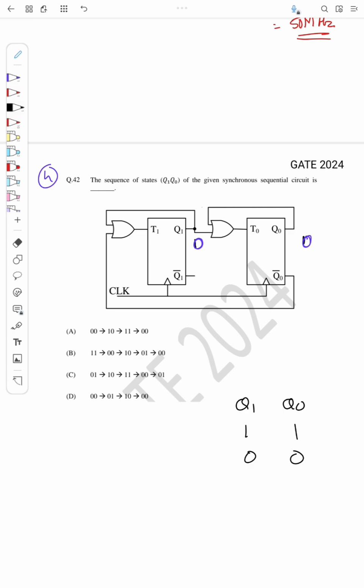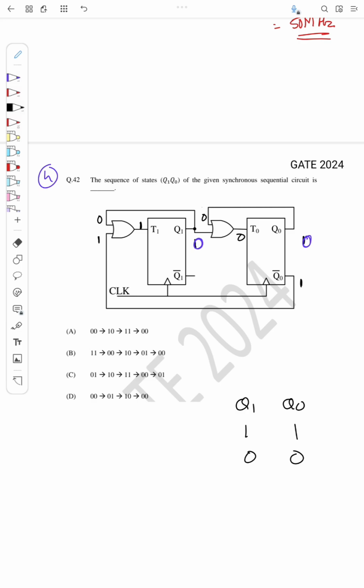Since this is 0, here the input to this OR gate is 0, so 0 or 0 is 0. Since Q1 is 0, the input of this OR gate is 0, and since Q0 is 0, Q0 bar will be 1, so the input to this OR gate is 1, so 0 or 1 is 1.